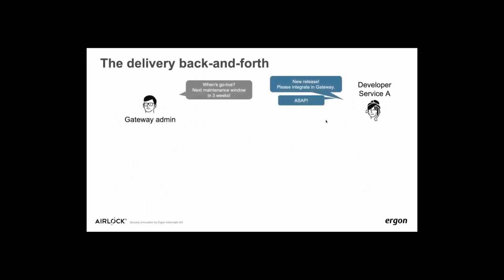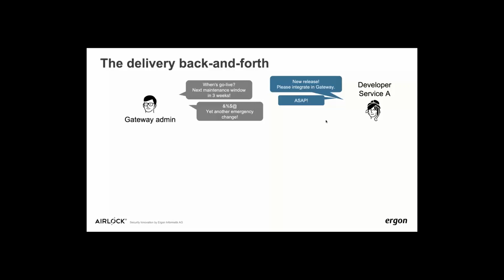That typically leads to what I call the delivery back and forth ping pong type of process. I've just tried to make some bubbles here of what they could be saying. I'm sure you have heard one or the other of these phrases in your environment.